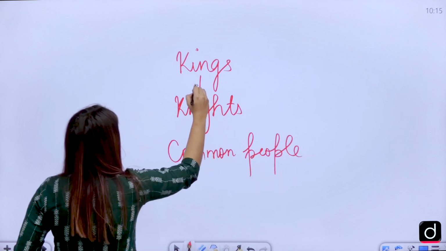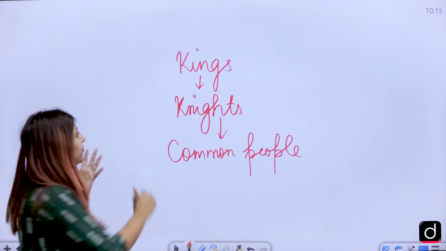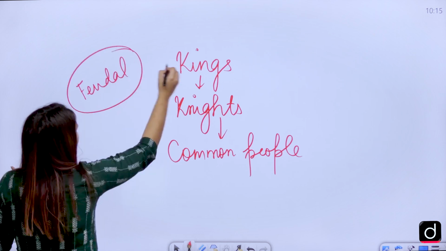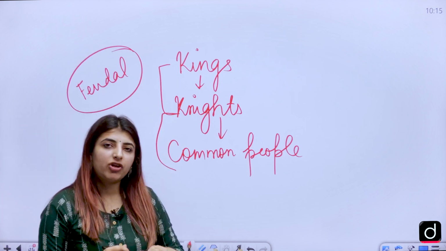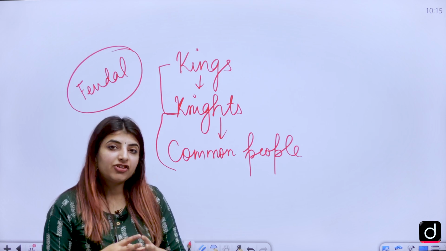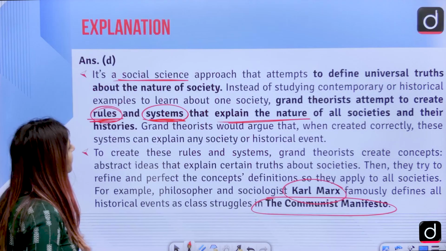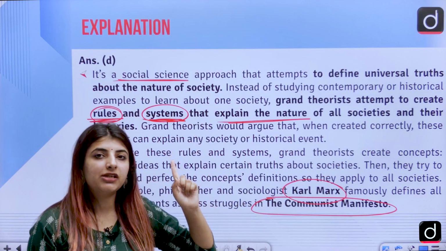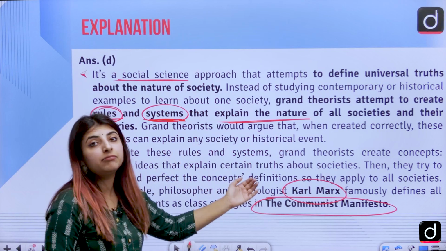So how there was a relationship between these groups in the feudal society, even if we talk about the feudal society in Europe, how these groups were related to each other, and they were constantly in conflict with one another to reach out to the power, the powerful state, etc. Right? So Marx has tried to identify or define a society from the previous times as well, right? By giving us the example of the Communist Manifesto.